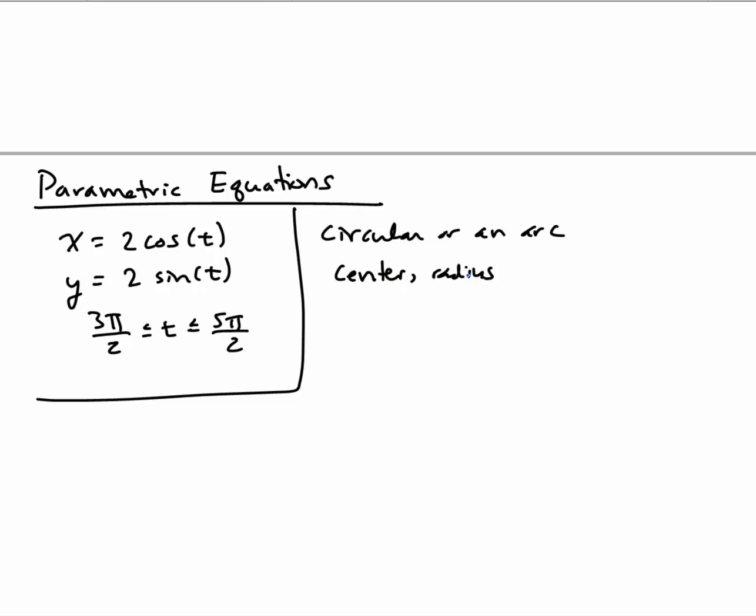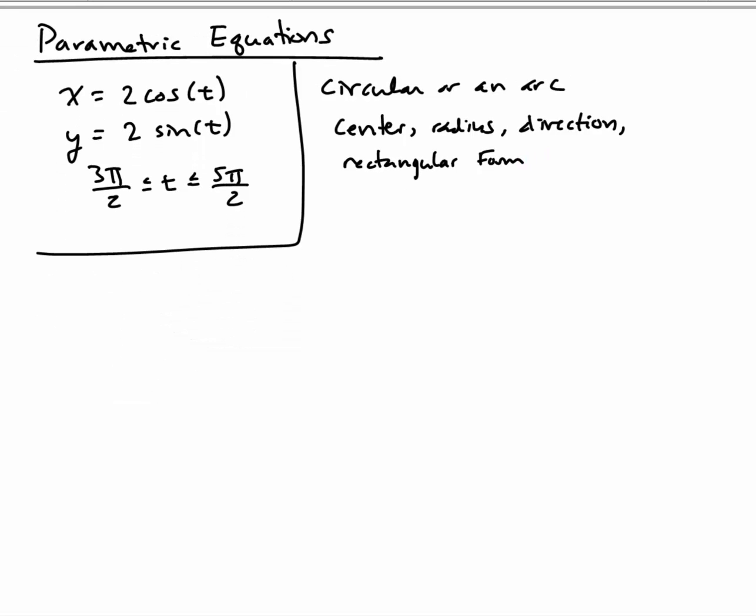And we need to indicate its direction, right or left. And I guess we could also write this in rectangular form. We don't have to, but let's go ahead and do that as well. So again, you could work this whole problem without putting it in rectangular form, but it's usually easier if we do. Okay, so first of all, let's go ahead and get started by plotting some points.